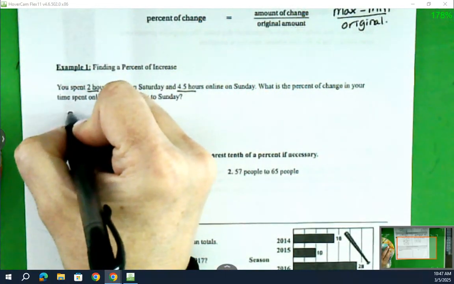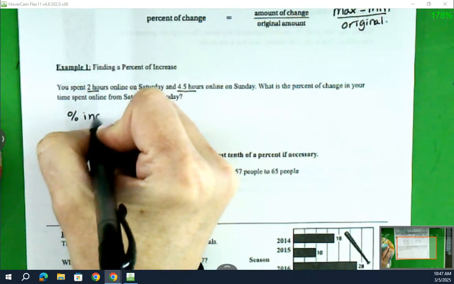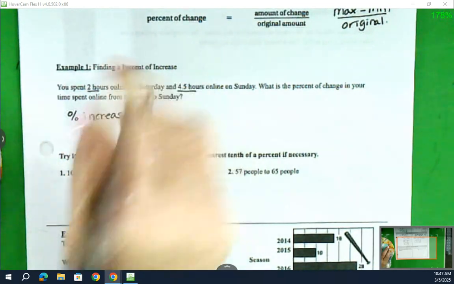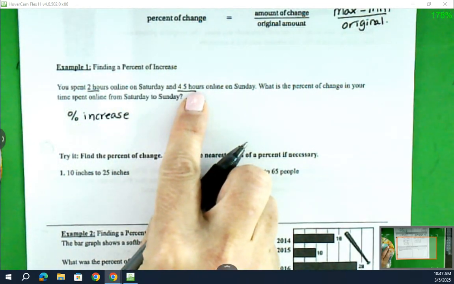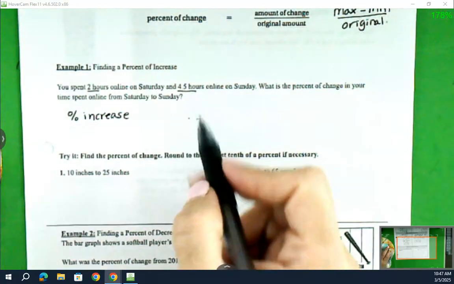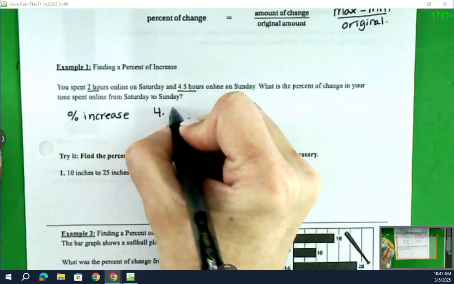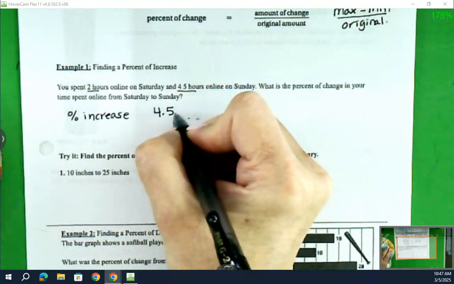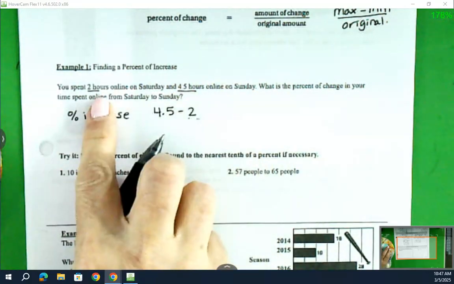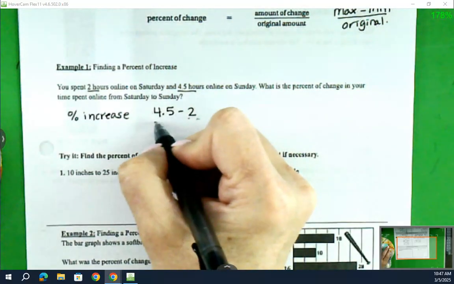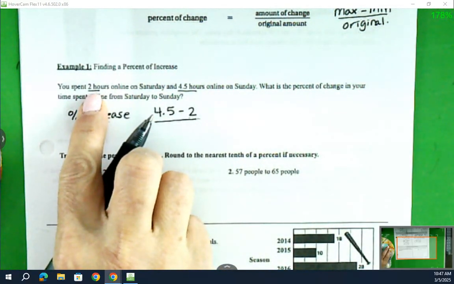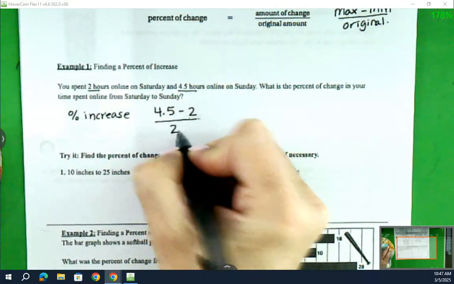So we know that our answer is going to be a percent of increase because our hours increased. So then, looking at our numbers, we're going to take our maximum number, our 4.5, subtracting our 2, that's our maximum minus our minimum, divided by the original or starting amount, which was the 2 hours.